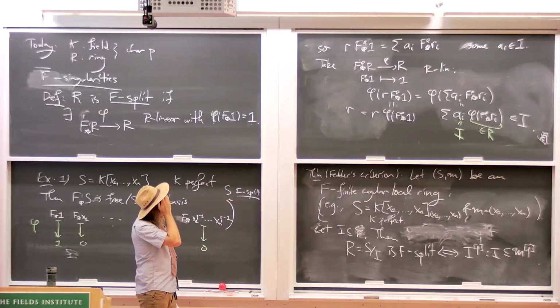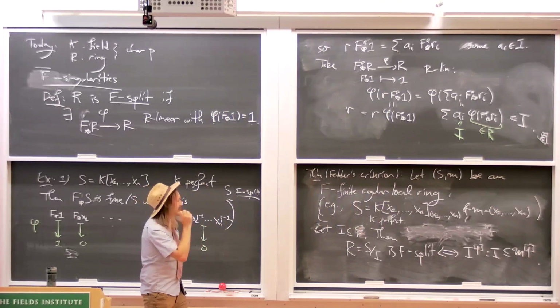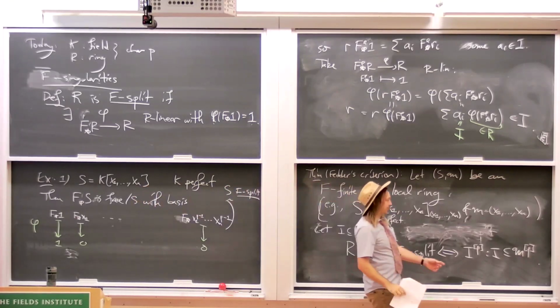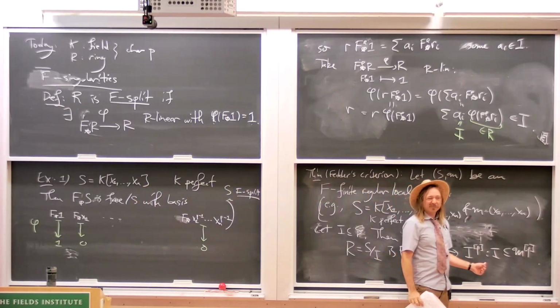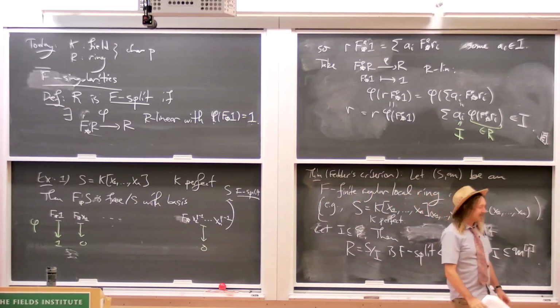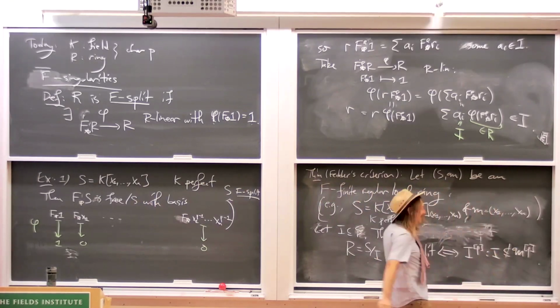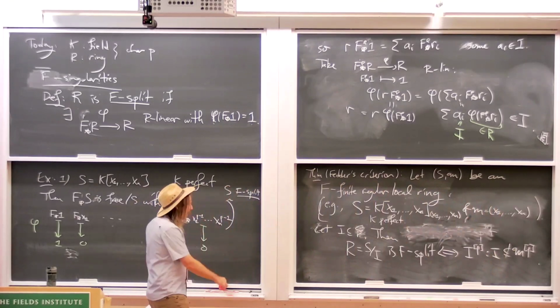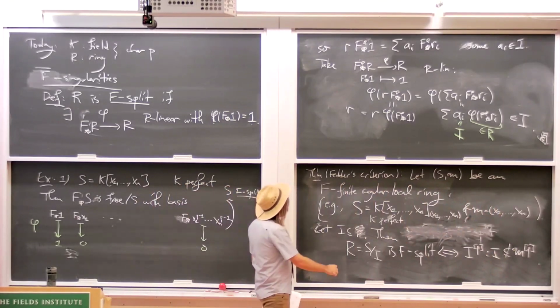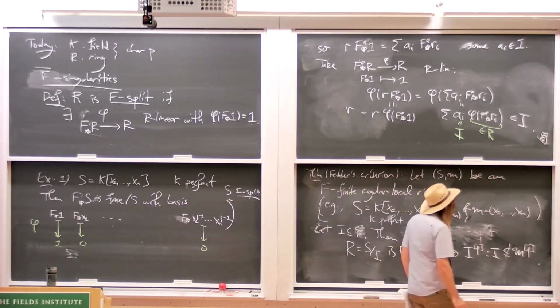Then this property of the quotient ring boils down to some sort of very concrete containment of ideals inside of this ring here.